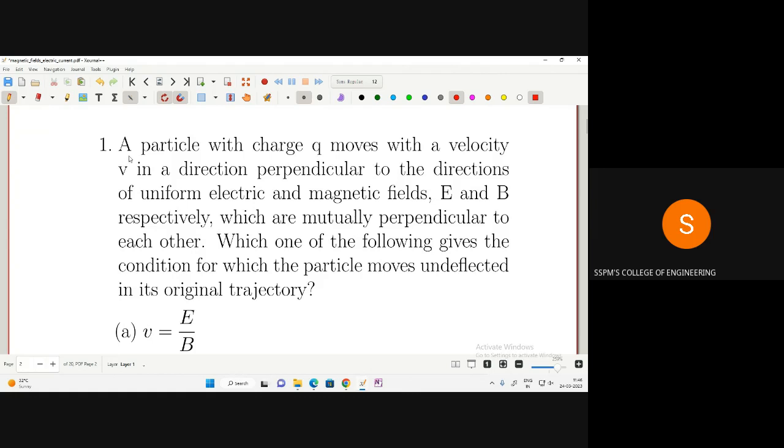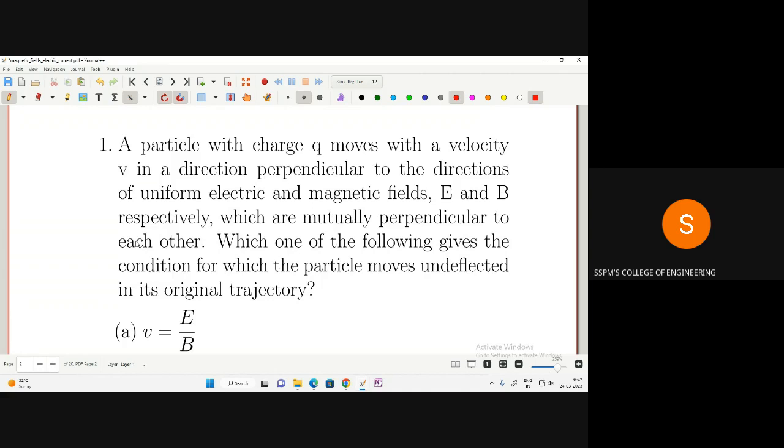The example is given like this: a particle with charge q moves with velocity v in a direction perpendicular to the direction of uniform electric and magnetic fields E and B respectively, which are mutually perpendicular to each other. Which one of the following gives the condition for which the particle moves undeflected in its original trajectory?